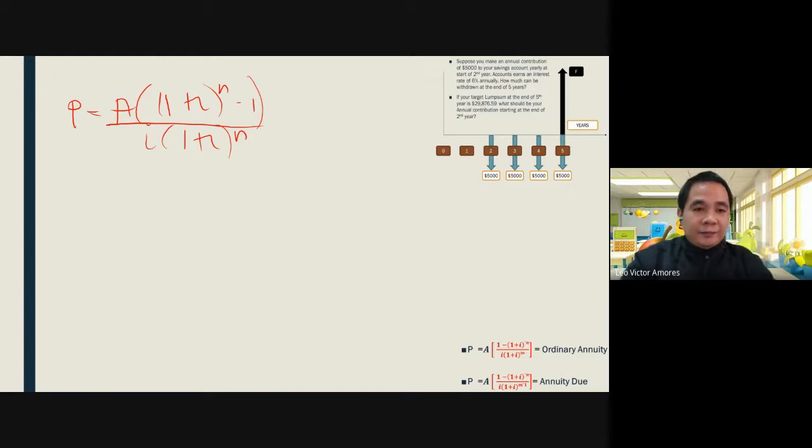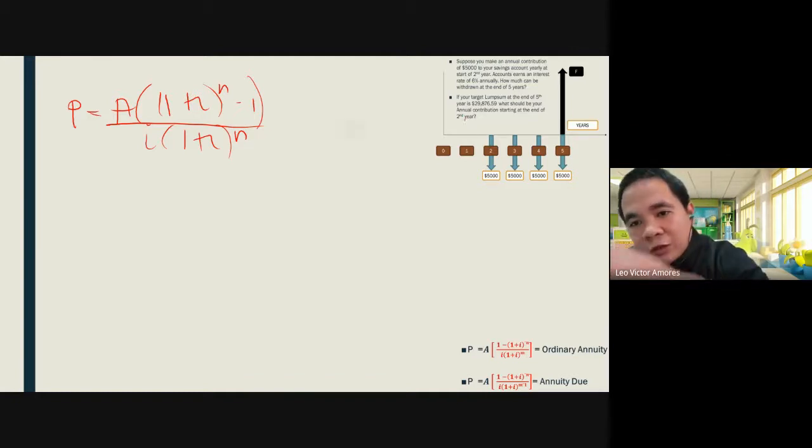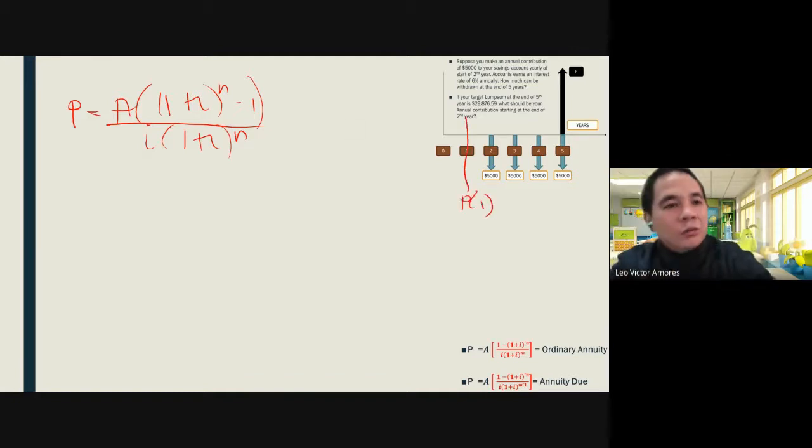If I have the P value, I get it using the annuity equation. My P value is at P1, because the previous year is where I compute the present value. So that is at year 1.